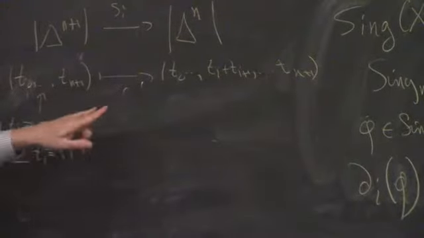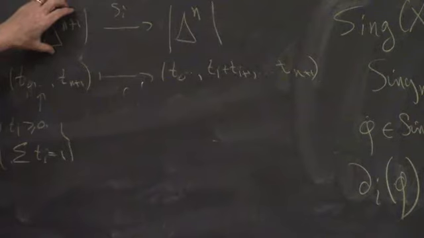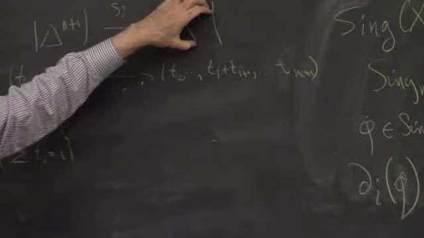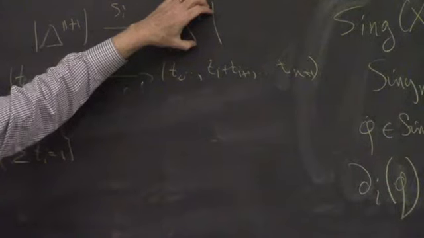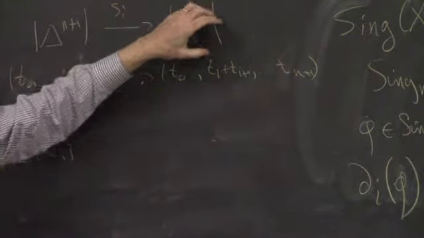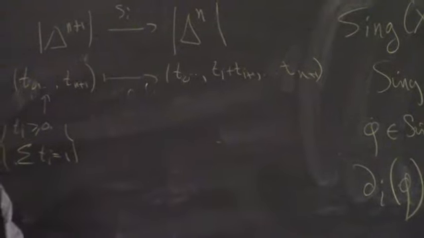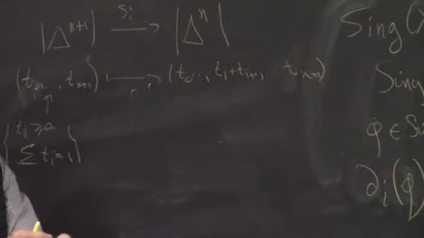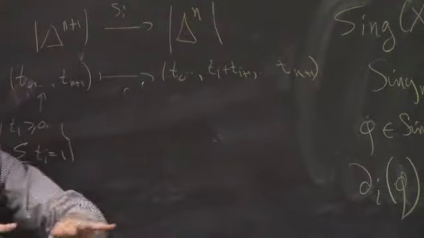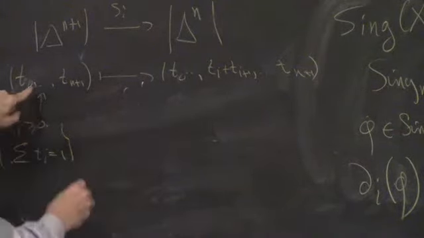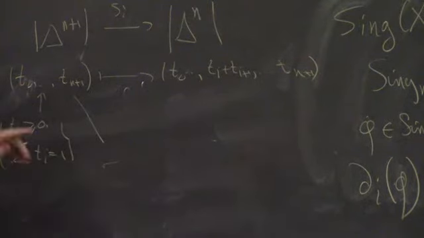So this is the map induced by a simplicial map of the n plus 1 simplex to the n simplex, order preserving on the vertices, 1-to-1, except for the fact that it sends the ith and the I plus first vertex both to the ith vertex. So it doubles the ith vertex and everything else is the same. That says ti plus 1? Yeah. Remember, what does this refer to in affine space?